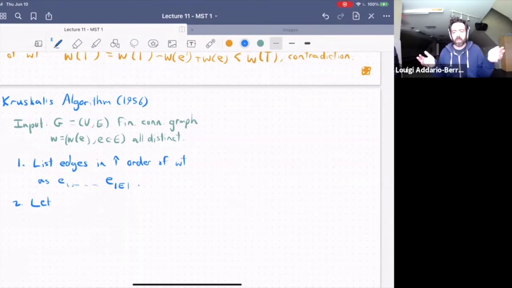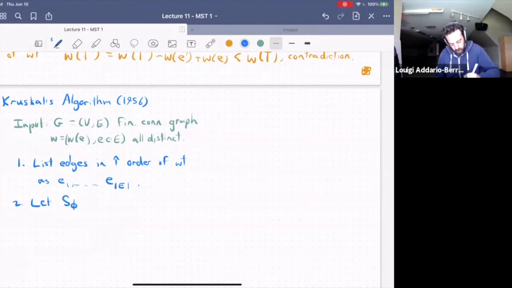We'll maintain that the subgraphs are always acyclic, so forests, starting from the empty subgraph. We're just going to consider the edges in order. And whenever we can add an edge while maintaining that we have a forest, without creating cycles, then we'll add it. So that's a greedy procedure.